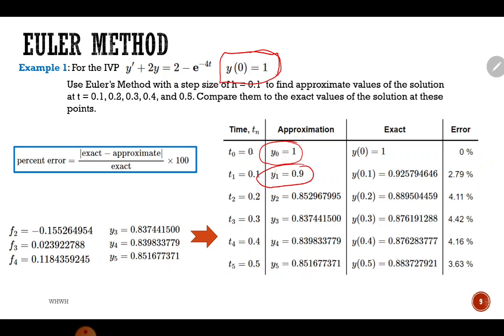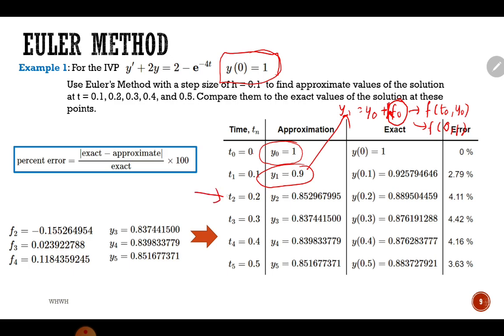Yang ni maknanya kita dapat Y1 ni daripada hasil Y0 plus dengan H F0, where your F0 ni adalah F(T0, Y0), which is F(0, 1). You masukkan ke dalam function yang ni. Lepas tu bila dapat, Y1 sama Y0 plus F0 darab dengan H. Jangan lupa H pula, which is 0.1.